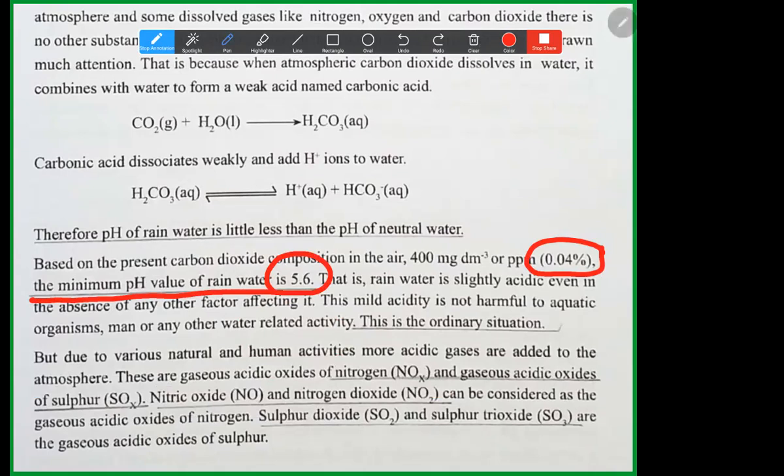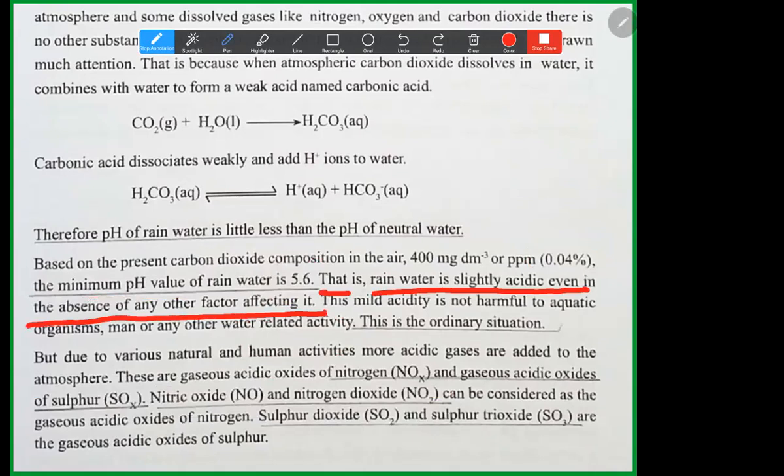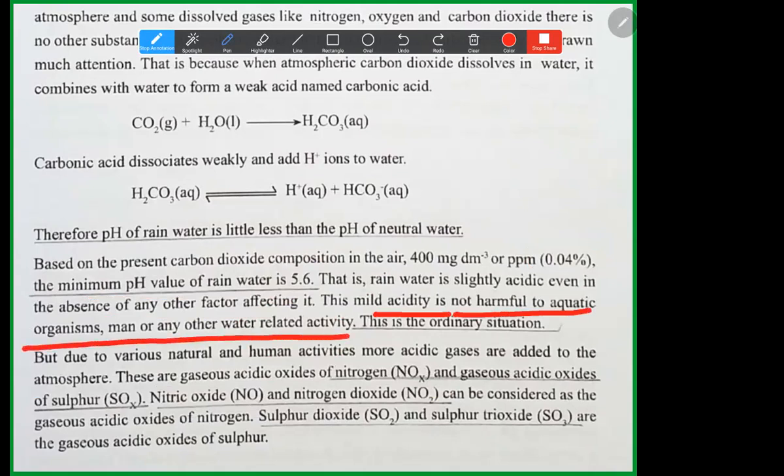So it's acidic, but it's not highly acidic. That is, rainwater is slightly acidic even in the absence of any other factor affecting it. This mild acidity is not harmful to aquatic animals, man, or any other water-related activity.